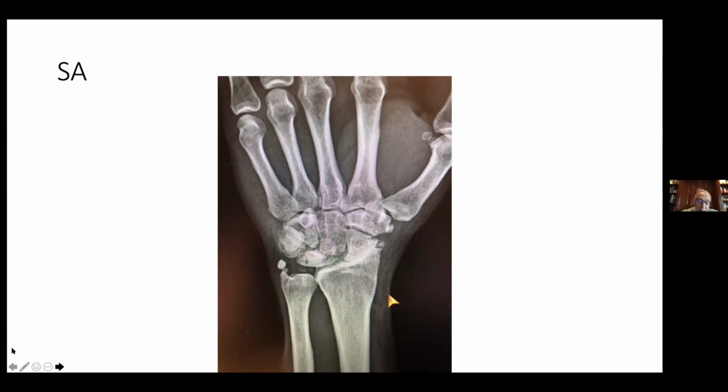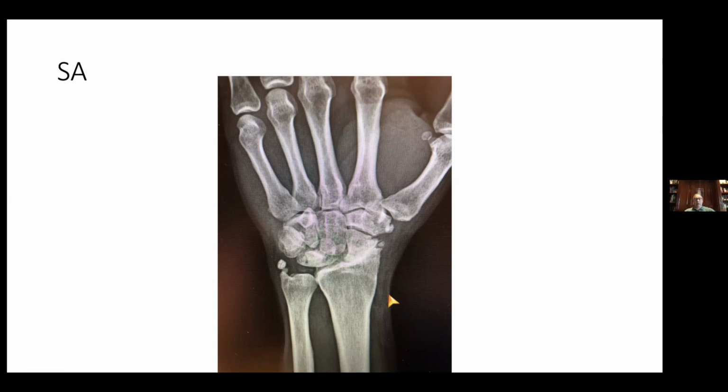And what about the radiolunate joint, the capitolunate joint? The capitolunate joint looks like there are some arthritic changes as well. The radiolunate joint looks like there may be some sclerosis on the radial aspect. And it looks like the lunate is ulnarly deviated off of the radius.